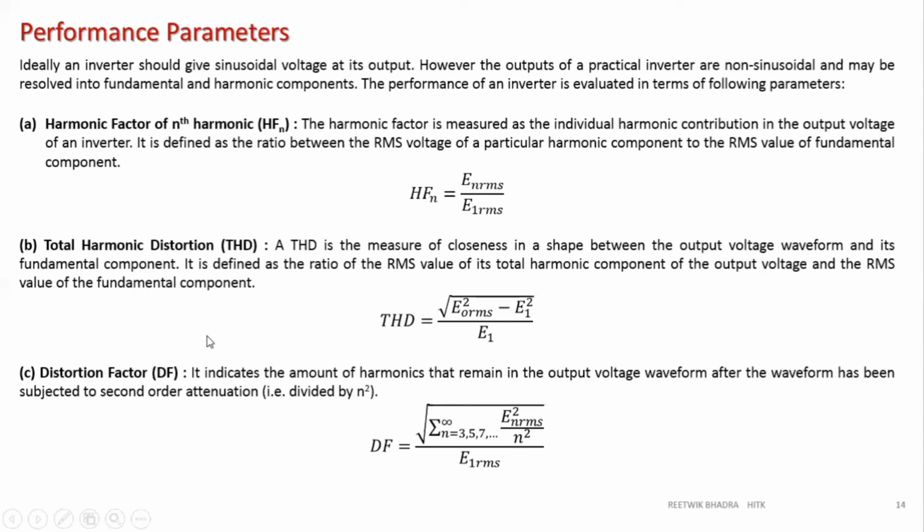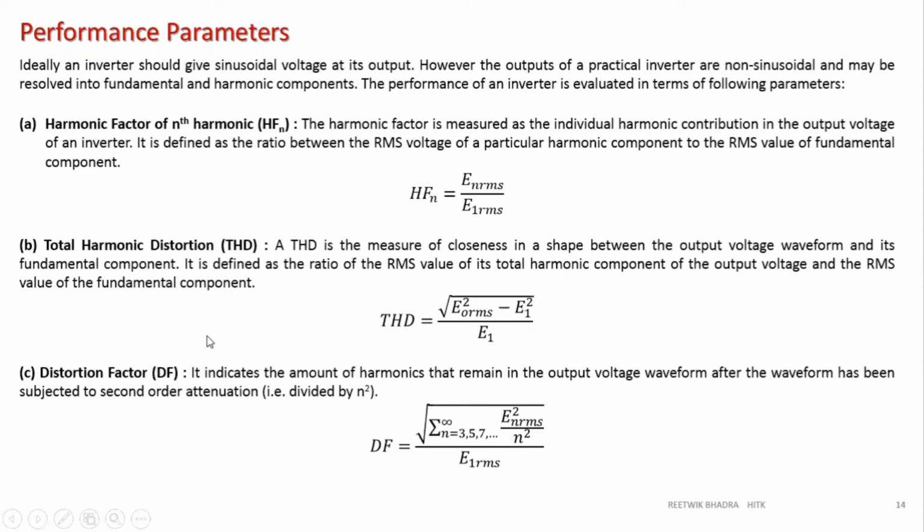In the output of the inverter, we generally don't have a pure sine wave. You are seeing that we are getting a square wave; later we will get a step waveform. So there are many harmonics in your output voltage, and we need to measure how those harmonics affect it.